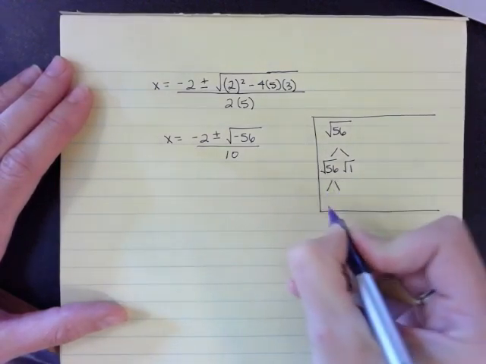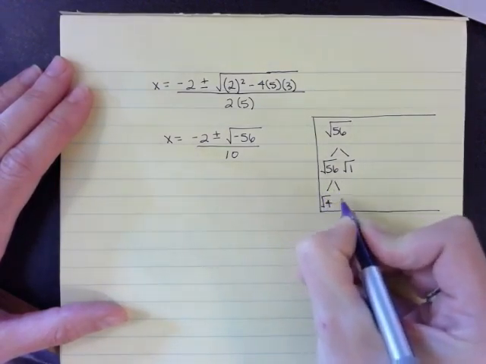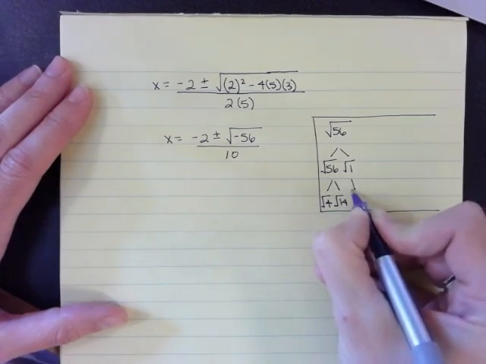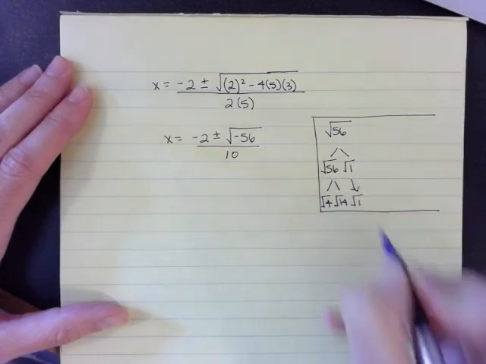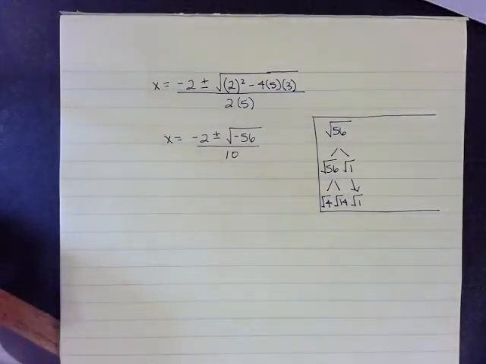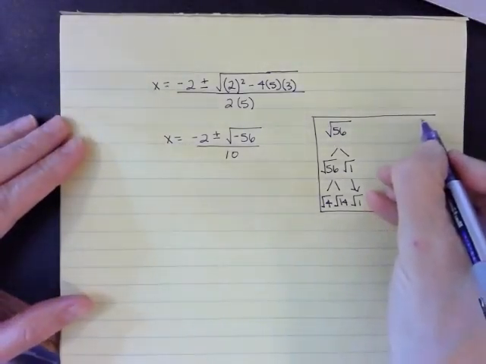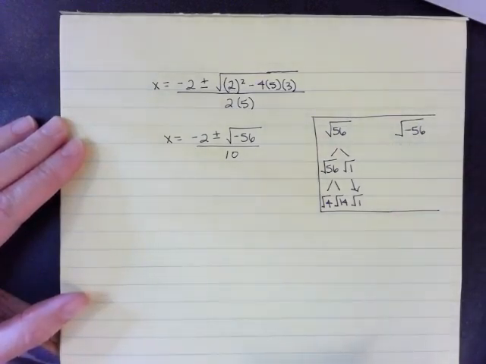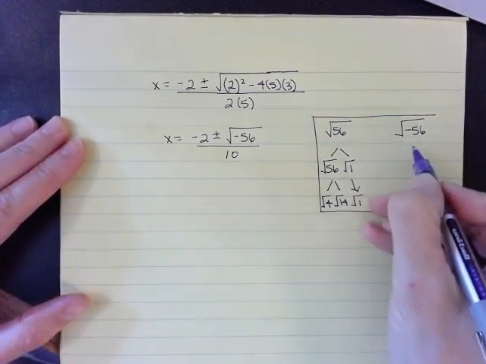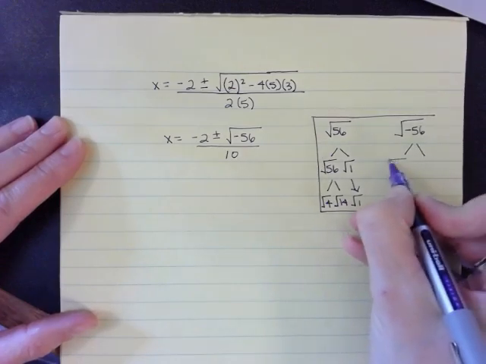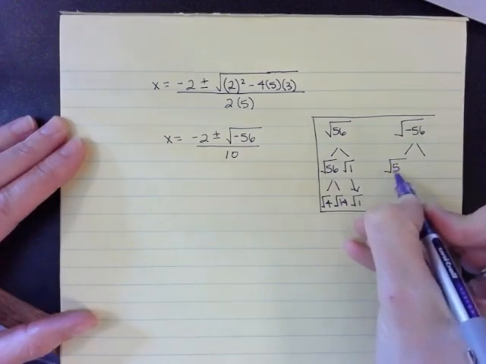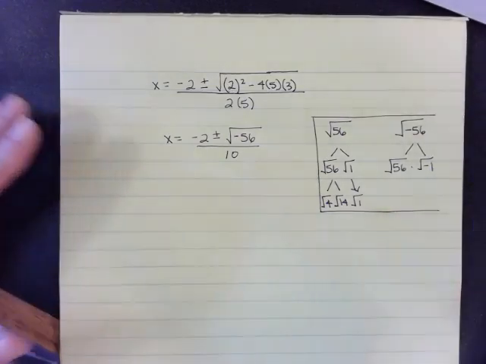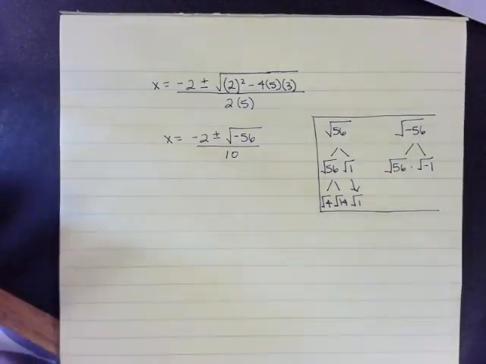I could also break this up into the square root of 4 times the square root of 14 times the square root of 1. The cool thing about the square root of a negative number is I can break it up almost the exact same way. The square root of 56 times the square root of negative 1. And there is my i.